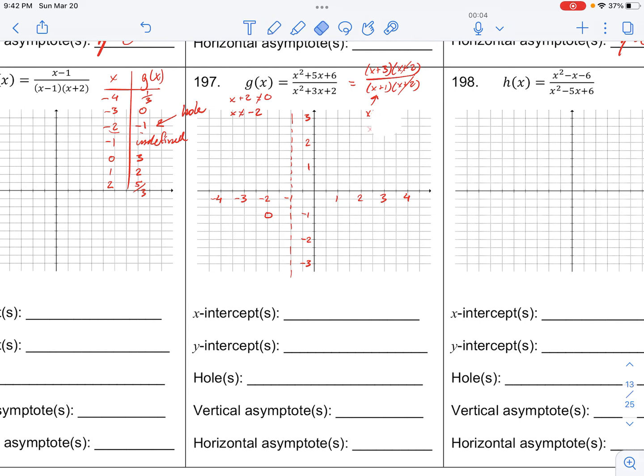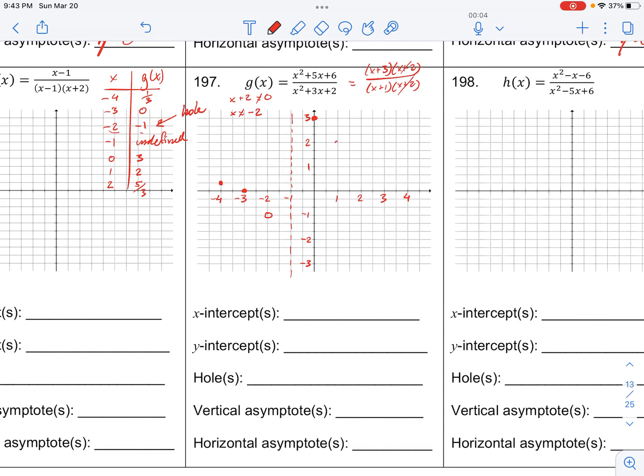So now we can go ahead and graph this. Choosing x values, at negative 4 we have a value of 1/3. Negative 3 is 0. At negative 2, we have a hole there. At negative 1, it is undefined. At 0, we have a value of 3.